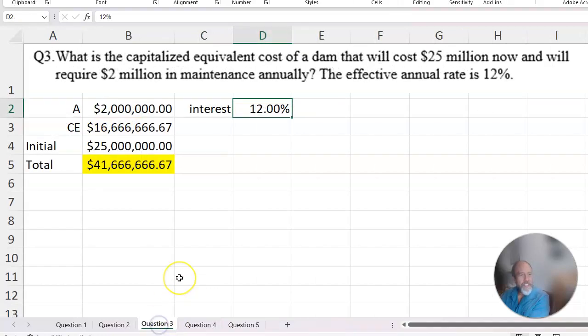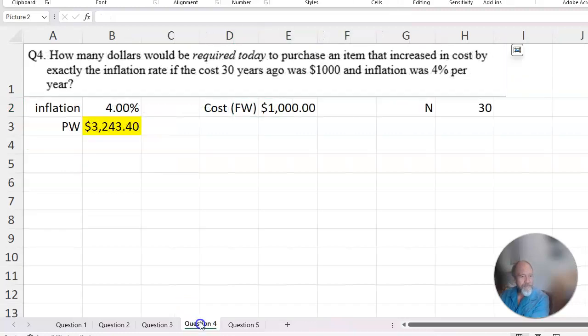So in the situation where you'd say, oh, they didn't give us n, okay, but it's a project that's going to last a really long time. We typically expect dams and roads and things like that to last a long time.